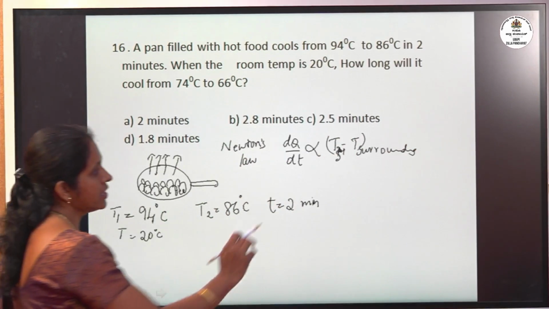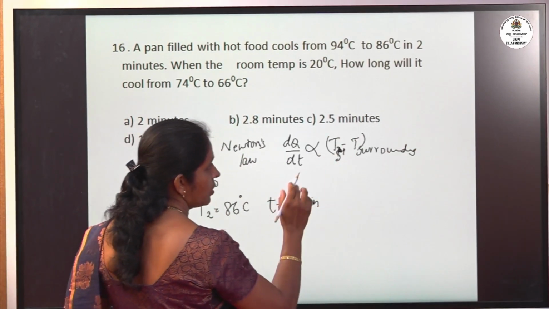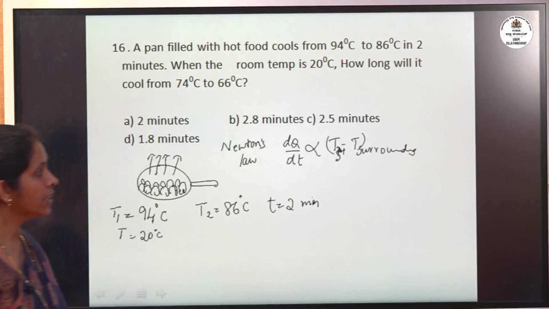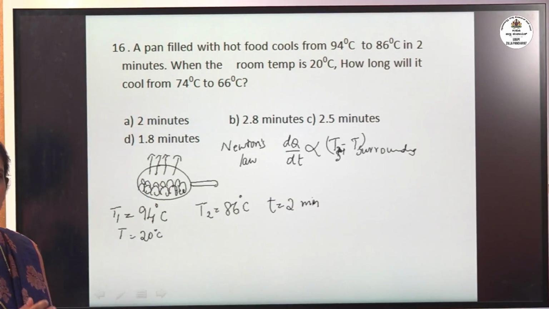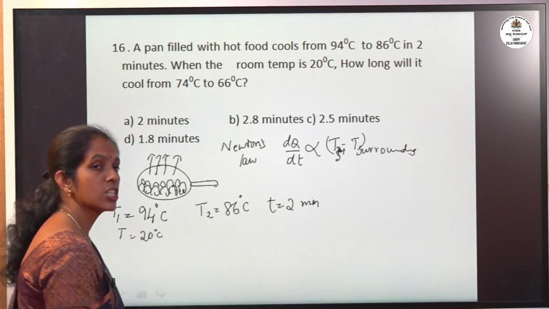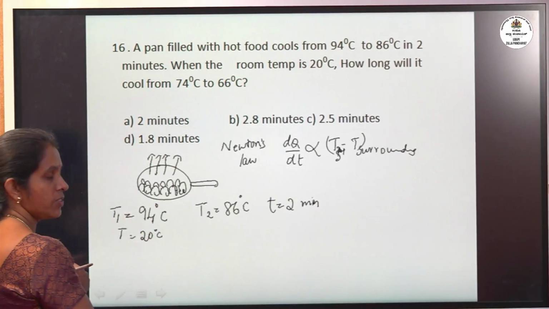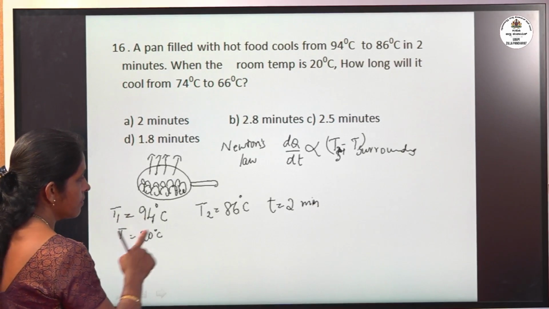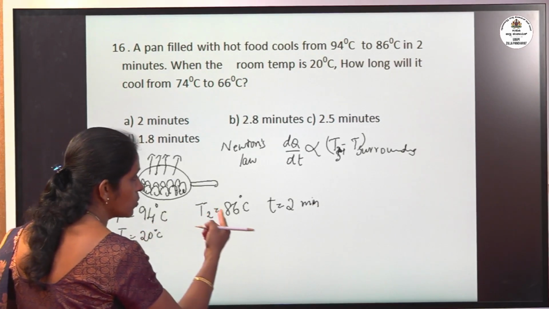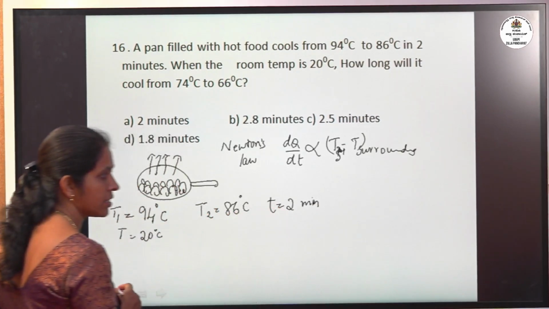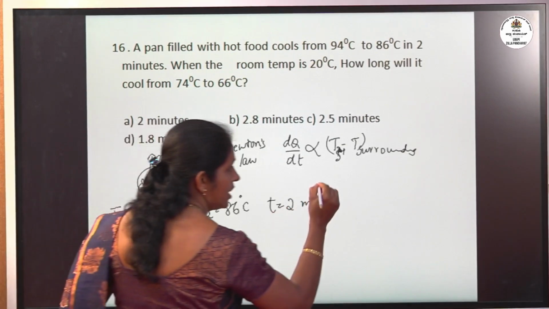When the temperature difference between system and surrounding is more, cooling is faster. When the temperature difference is less, cooling is slower. T1 is the initial temperature of the system, 94 degrees Celsius. T2 reduces to 86 degrees Celsius in 2 minutes. First find the rate of cooling.